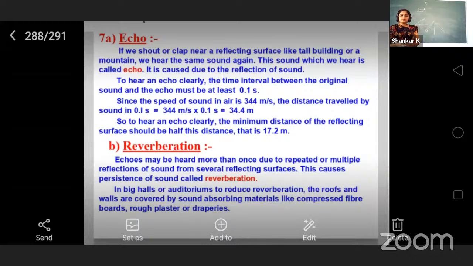So reverberation means where our sound repeats more than once due to multiple reflections. For reducing this reverberation in a cinema theater, big halls and so on, they use compressed fiber board, rough plaster and drapery.